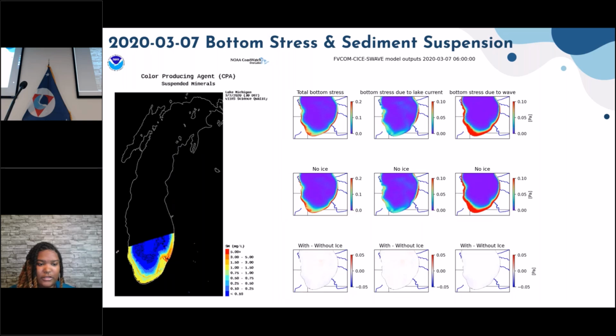On the 7th, you can also see that there's way more sediment suspension along the coast there. And on the no ice row, you can see that the red represents an increase in sediment suspension and in bottom stress.